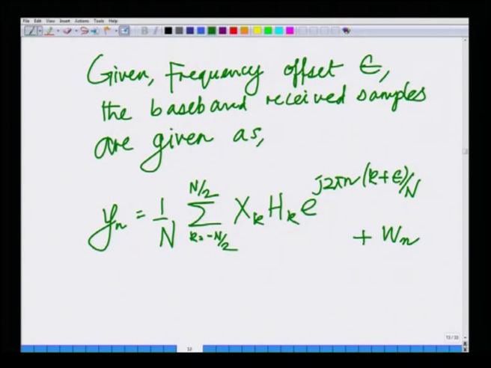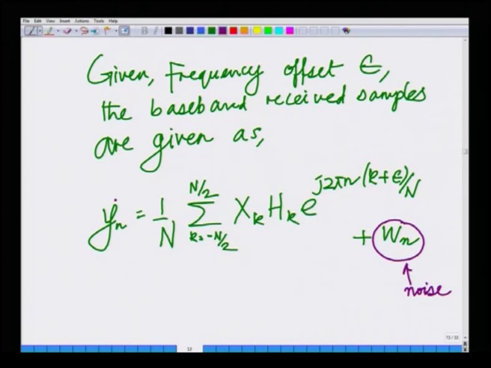Hence, the received sample y n in the presence of a frequency offset epsilon is given as 1 over N summation k equals minus N by 2 to N by 2, where N is the number of subcarriers, x k h k e power j 2 pi n (k plus epsilon) divided by N, plus w n. This is the noise.